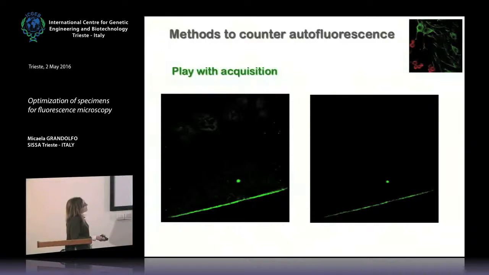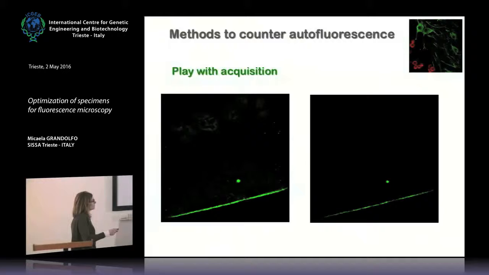Okay. Another method to counter autofluorescence is to play with acquisition. It is a little bit dangerous. You have to know exactly, perfectly what you're doing. So be very careful when you play with acquisition. But this is just an example. In this case, this is a section of vomeronasal organ of a mouse, and what we were interested in were just the cilia of these apical cells.